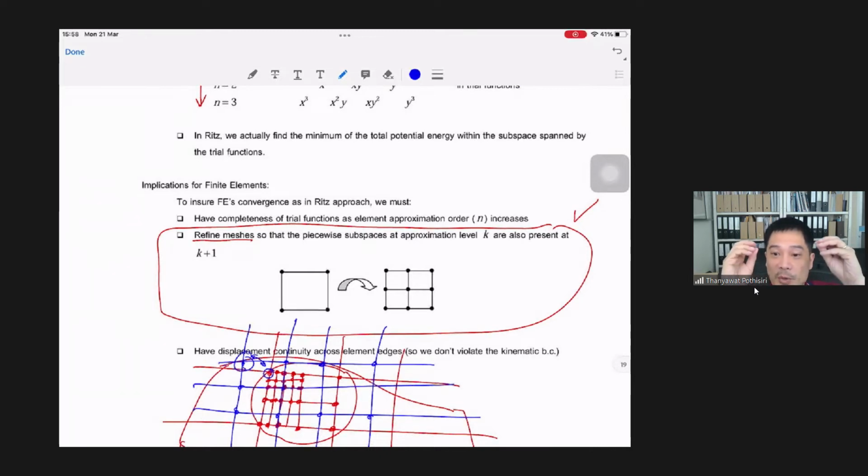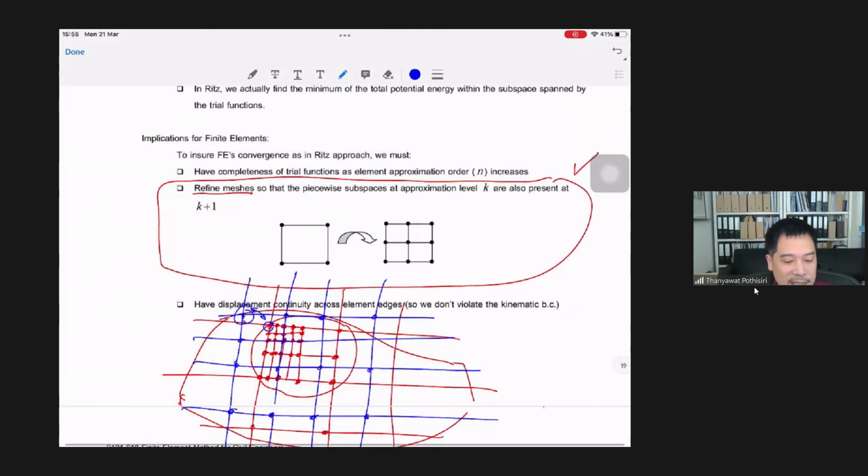By doing so, you maintain the location of the nodes from the previous step, but you keep increasing the number of nodes in your finite element model.